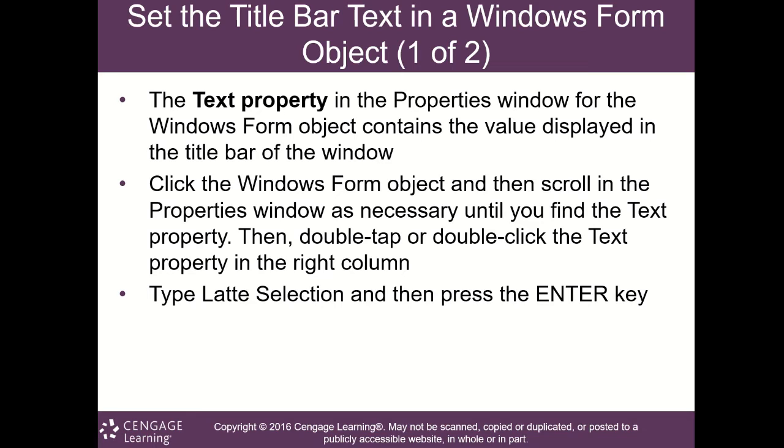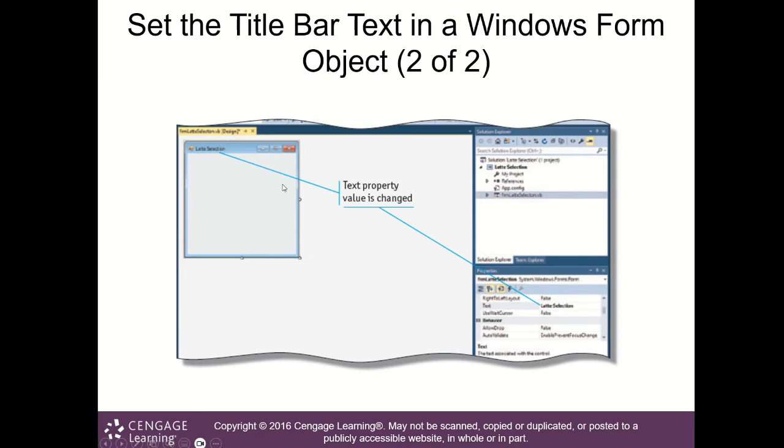You should click the Windows form object and then scroll in the properties window as needed until you find the text property. Then double click the text property in the right column, and simply type latte selection and press the enter key.